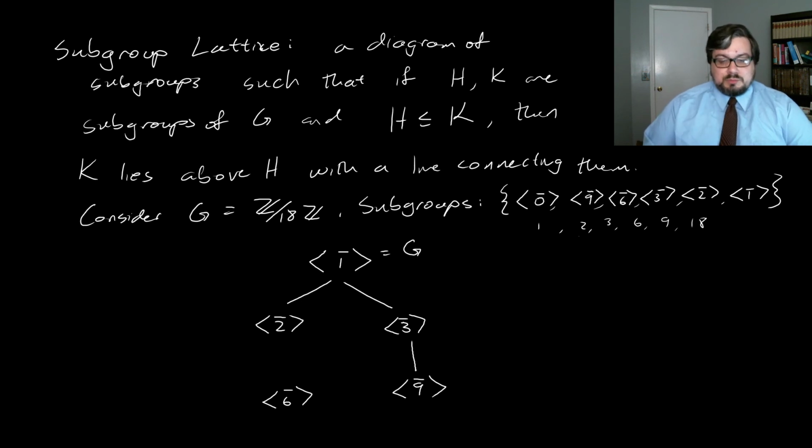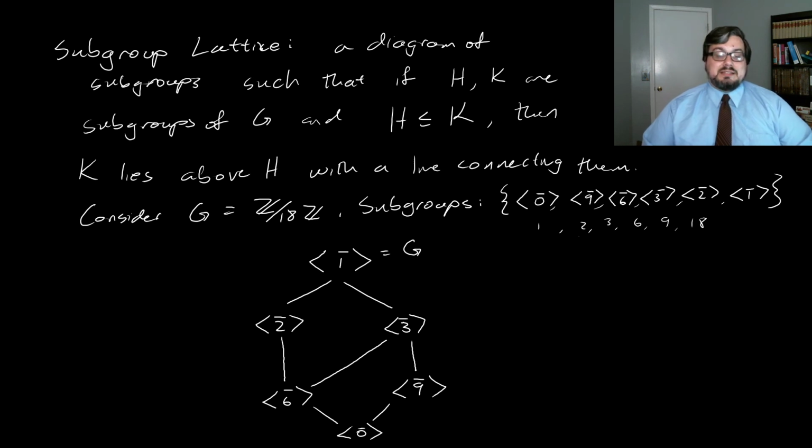The group generated by 6 bar is a subgroup of the group generated by 2 bar because 6 bar is a multiple of 2 bar, but 6 bar is also a multiple of 3 bar, and so we have this relationship as well. And then finally, we have the trivial subgroup containing just the identity sitting at the bottom.